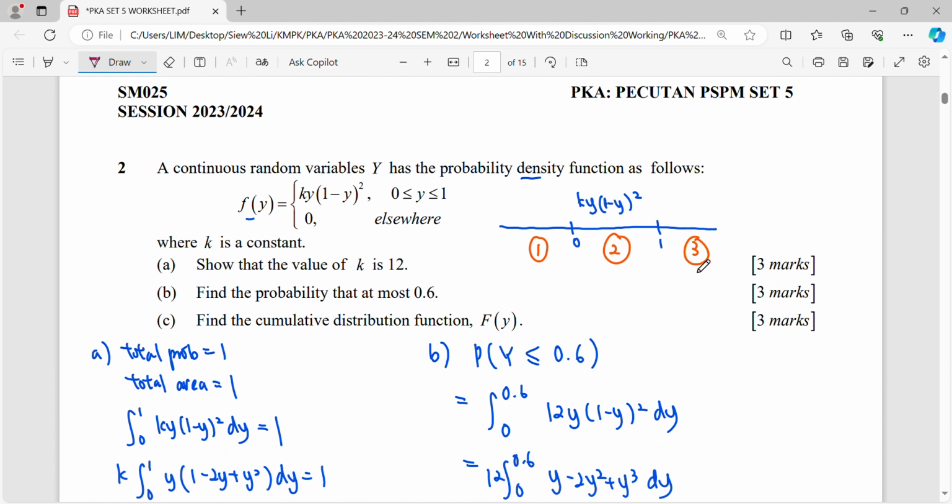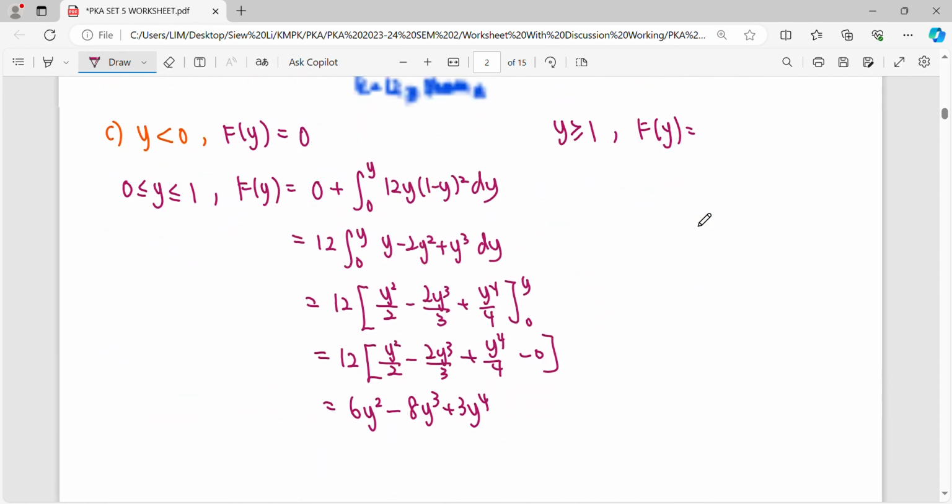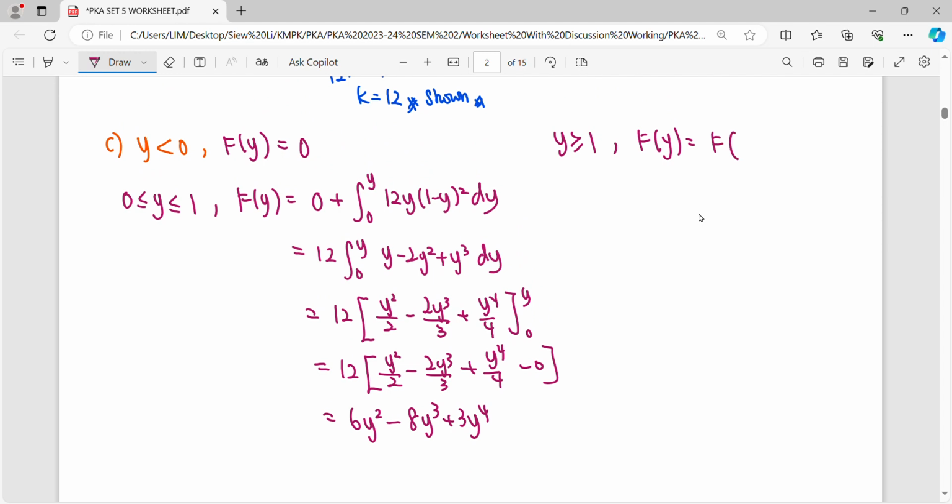When you have stage 3 here, before that you have already accumulated your random variable up to 1, currently we have 0. So the before is accumulated up to 1, currently is 0. So we are going to substitute this one into the function before this. So we get 1.